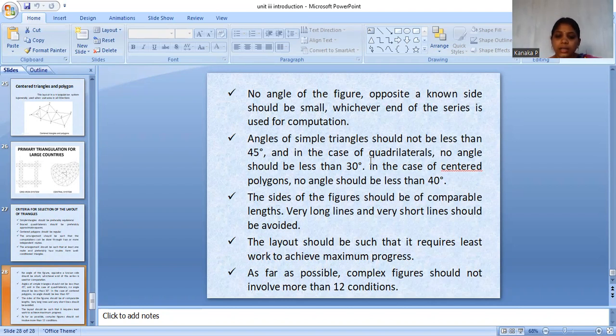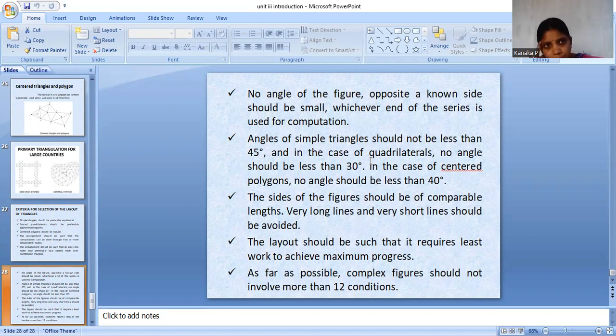There is a need to know the types of error in different survey works before going for the adjustment of the observed values. So, many basic definitions of errors. The first one is quantity.